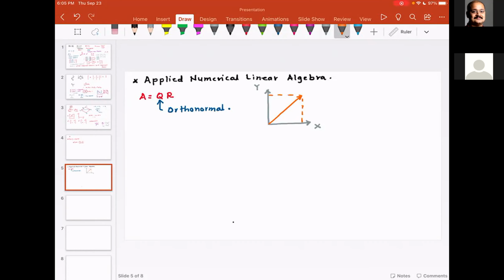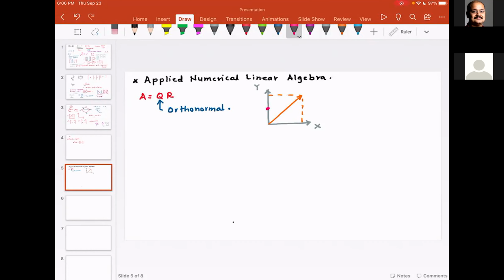The reason is this: if you have a point on the y-axis, no matter how much of x you add or scale, you cannot represent the point on the y-axis.